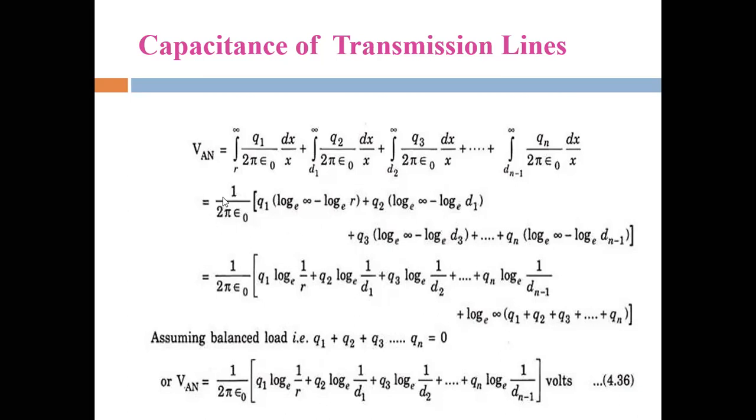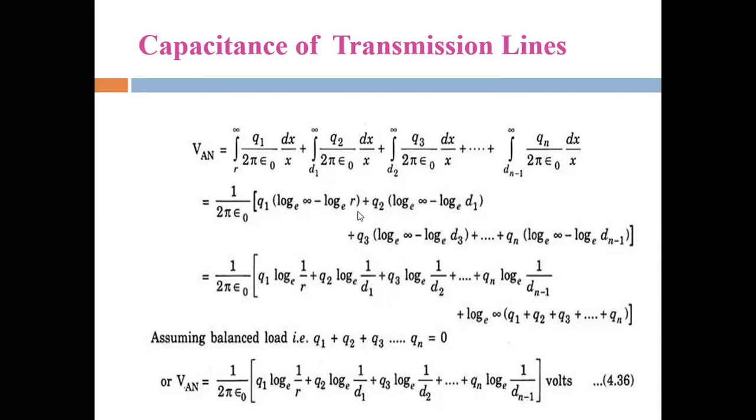Therefore we simplify this equation and integrate over x. What is the integration for that? The integral of 1 by x is log x, then apply the limits, and take common the 1 by 2 pi epsilon naught. Then we obtain 1 by 2 pi epsilon naught into Q1 (log e infinity minus log e R), upper limit minus lower limit.